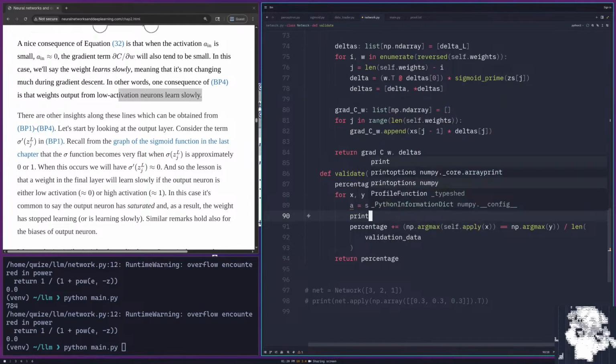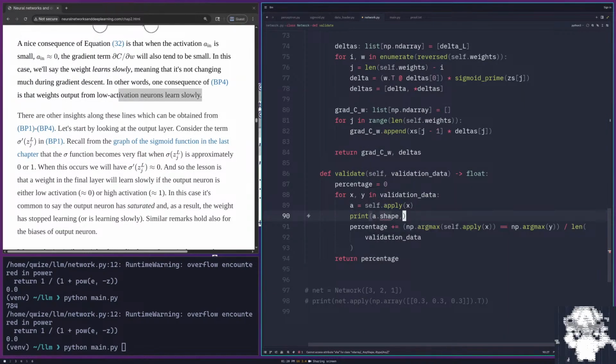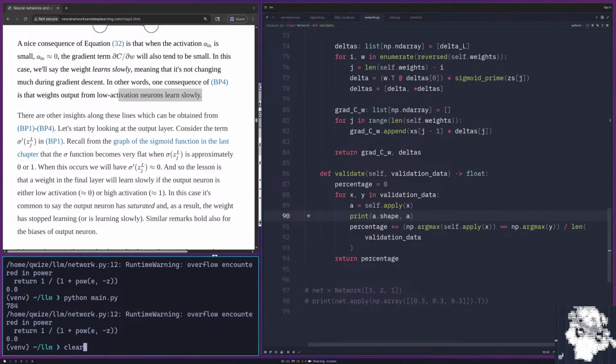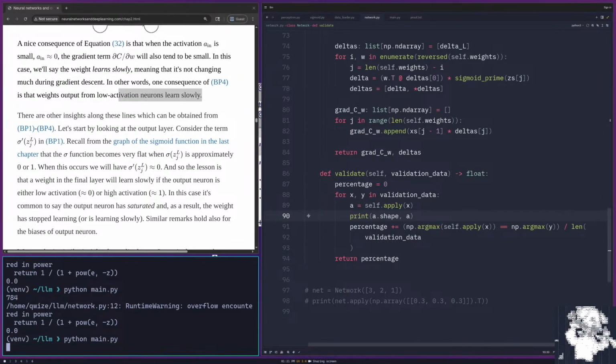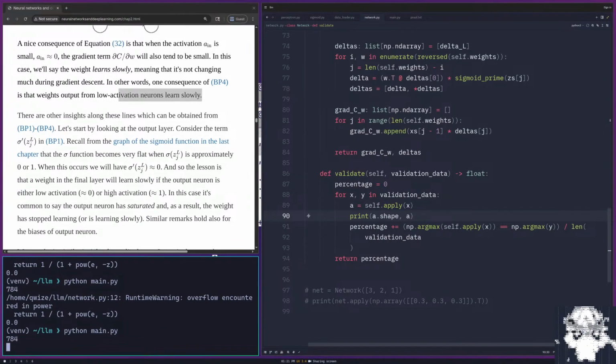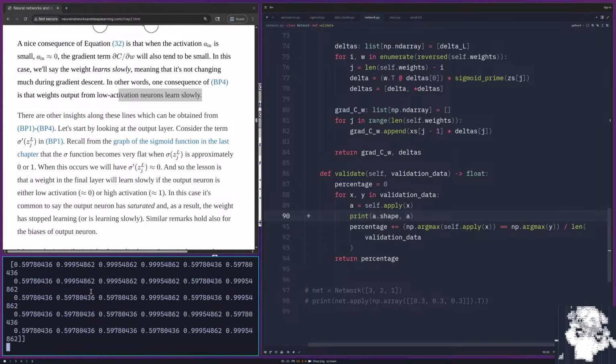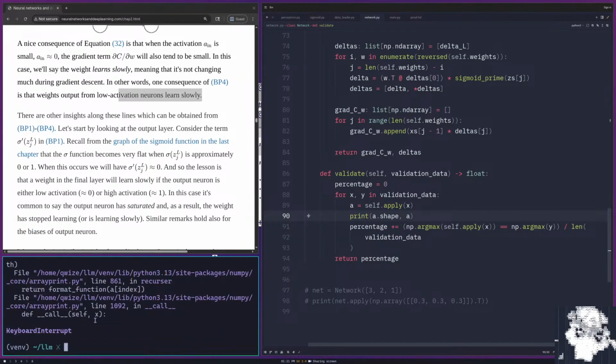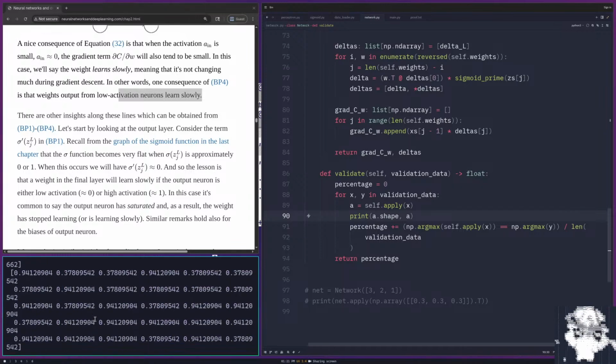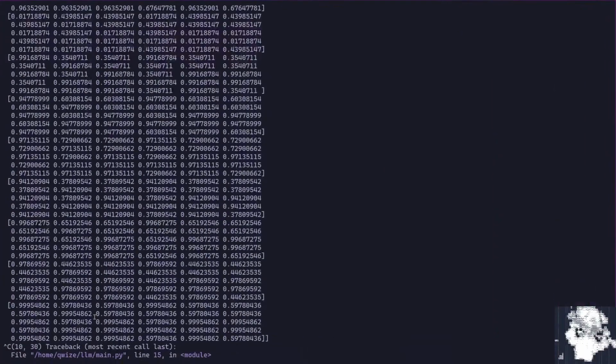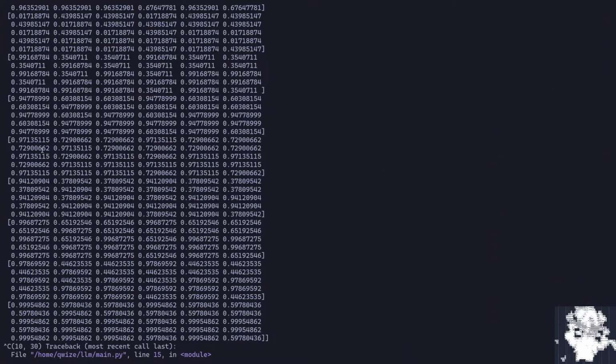Print a dot shape, then a. Let's kill that. I'm not seeing the shape. Why is there no shape?